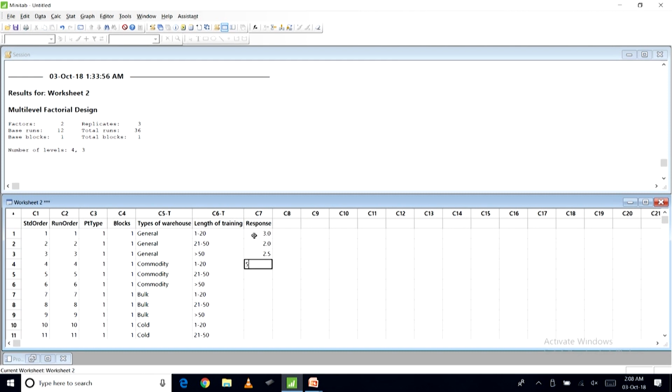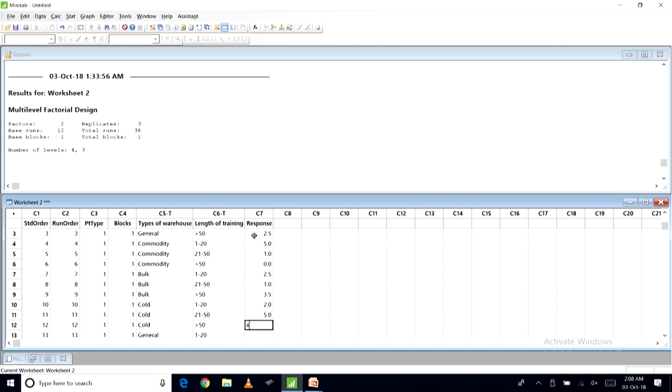Similarly, for commodity type of warehouse, for bulk, then for fourth one which is cold storage, right. Then general, this is how you are supposed to go for data entry.